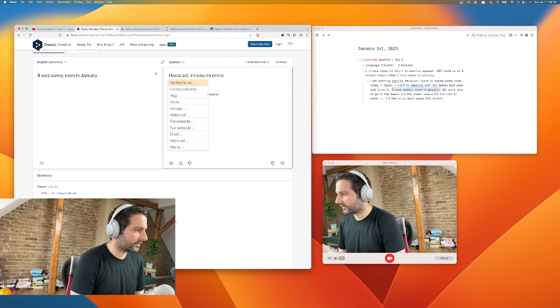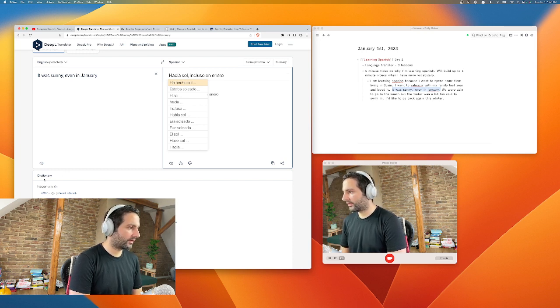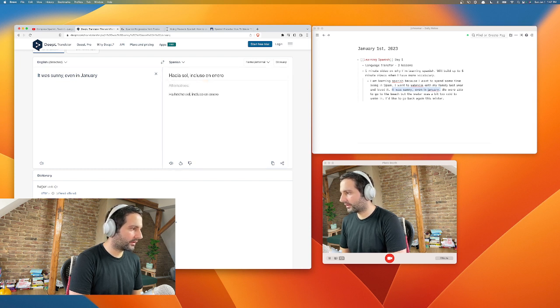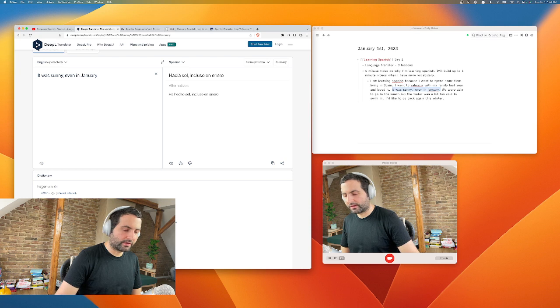Okay, so you probably use the verb to make when you're talking about the weather. And the past of to make, the preterite, must be hacía.